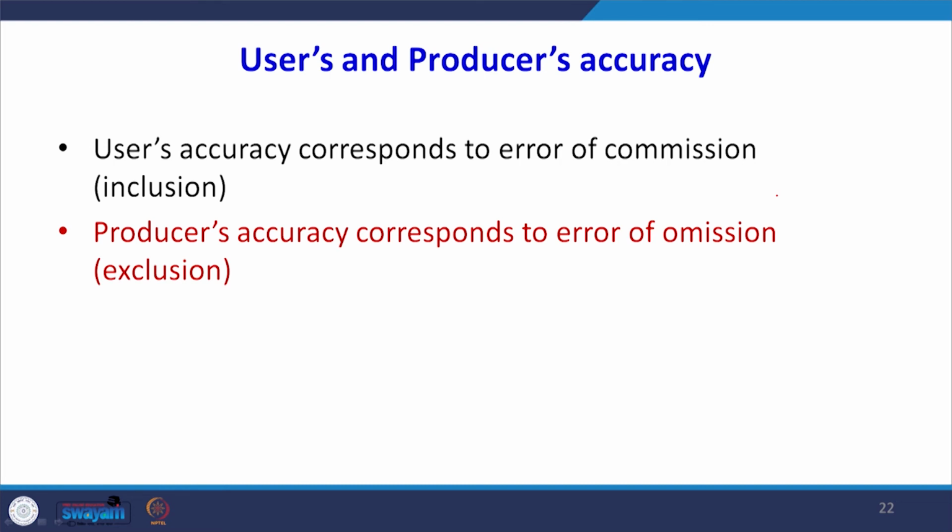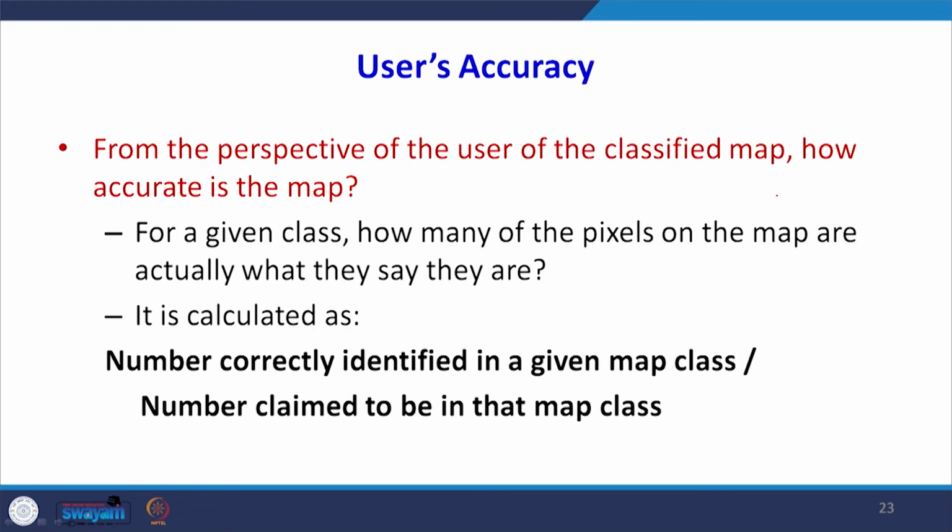So, it is called the exclusion error. So, let us calculate these accuracies now. User accuracy, from the perspective of the user of the classified map, is very important, because now I will know which particular class has high accuracy.